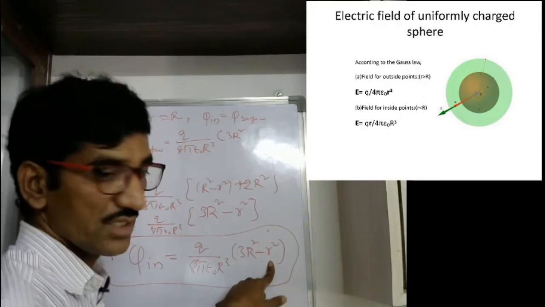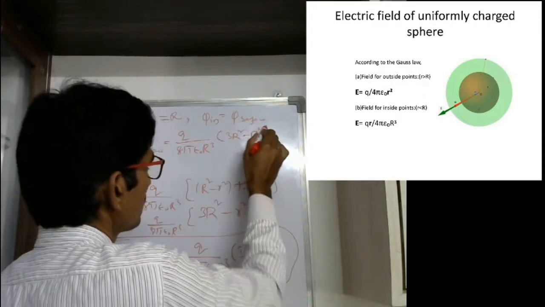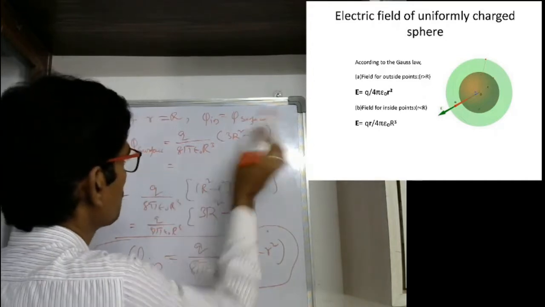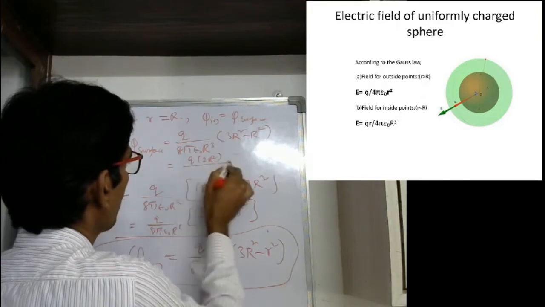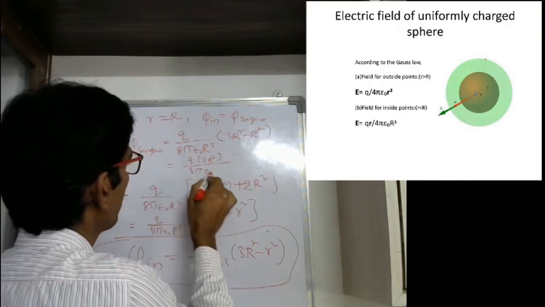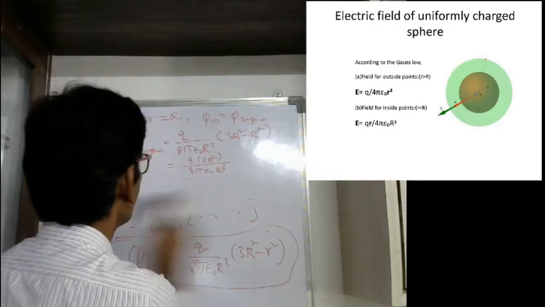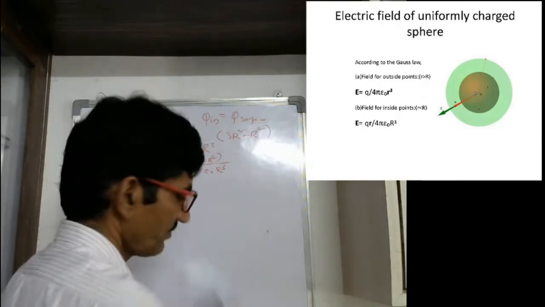You have to put small r equal to capital R, minus R square. Now what happens to this? This is 2R square. So q into 2R square by 8 pi epsilon naught R cube. Okay. Now what is the final expression for the potential on the surface of the uniformly charged sphere?